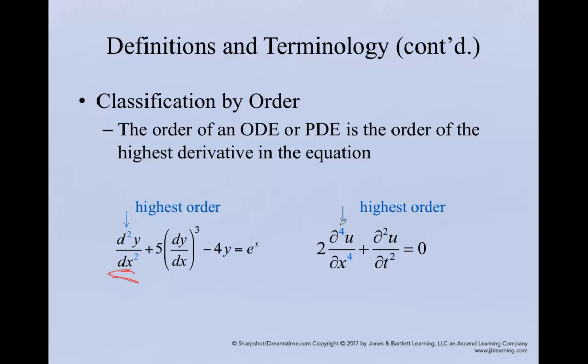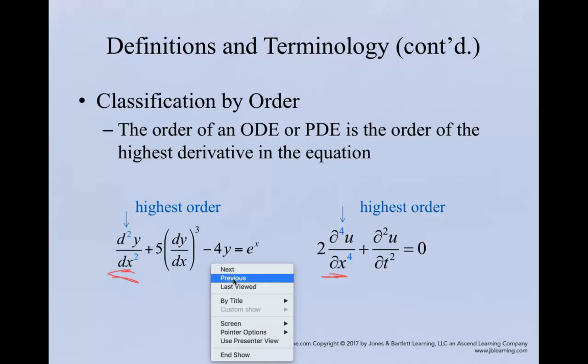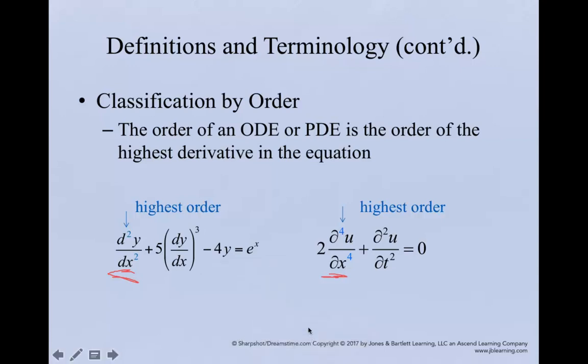Notice we have the fourth partial derivative of u with respect to x. It doesn't matter that there's a change of variables here. It's defined by its highest order, which in this case is 4. So the one on the left is a second order differential equation, and the one on the right is a fourth order differential equation.